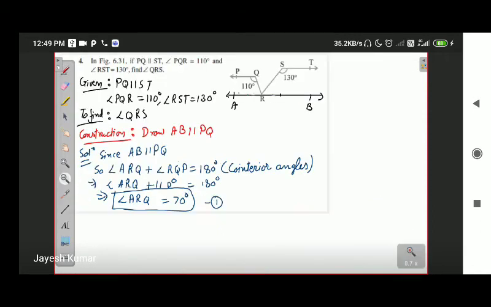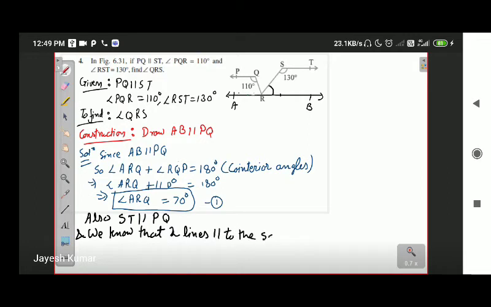Using the same funda, we are going to determine the value of the next angle. Okay, what we are going to do is, first of all, line ST is also parallel to PQ, and we know that two lines parallel to the same line are parallel to each other.